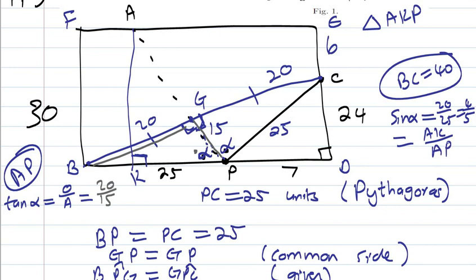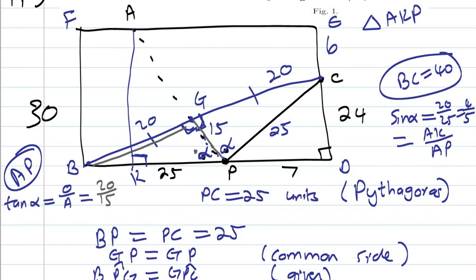Can I get a smiley face that you see? In triangle AKP, an alternative for sine alpha is AK over AP. Opposite alpha is AK, and the hypotenuse is AP.